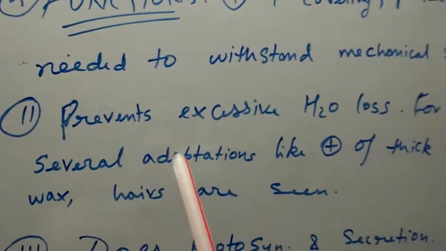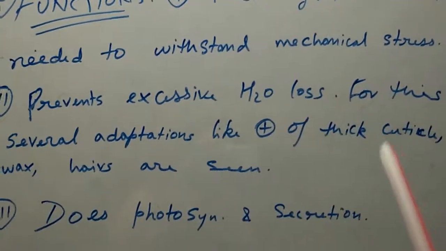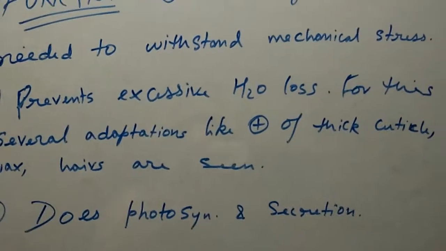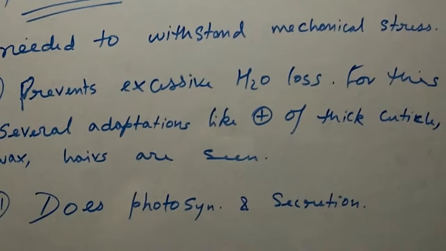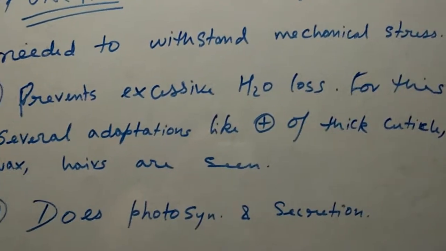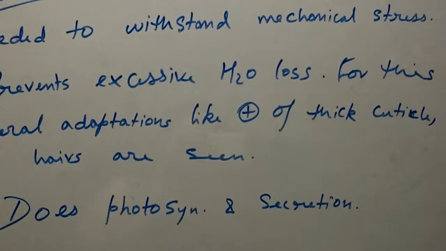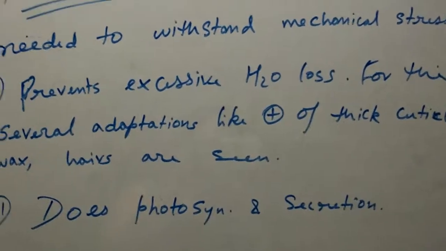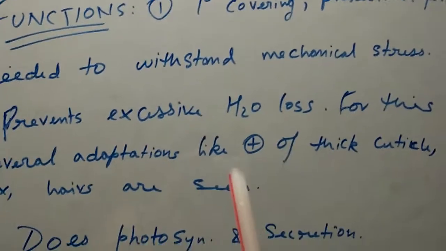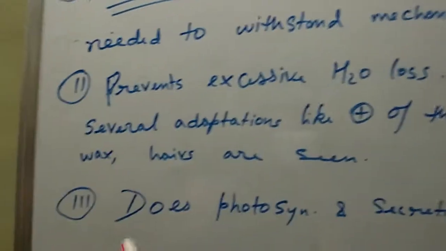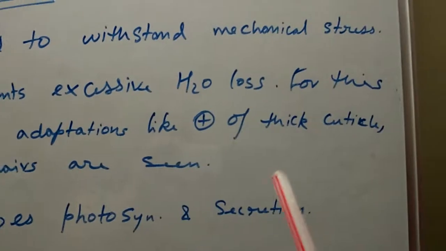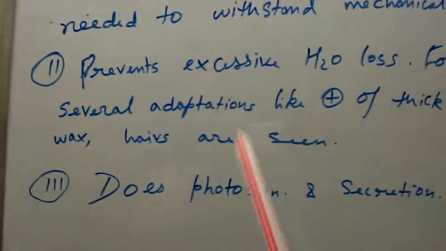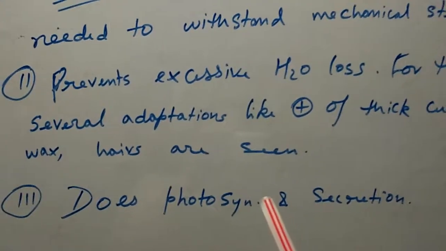So it prevents excessive water loss, to prevent that portion of plant from becoming dehydrated or dry, to keep it moist, to keep it hydrated. Epidermal tissue system prevents excessive water loss, and for this several adaptations are present, for example a thick cuticle layer, wax, and hairs. So these are needed to prevent excessive water loss.